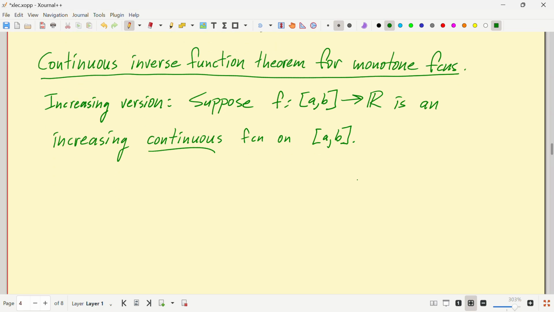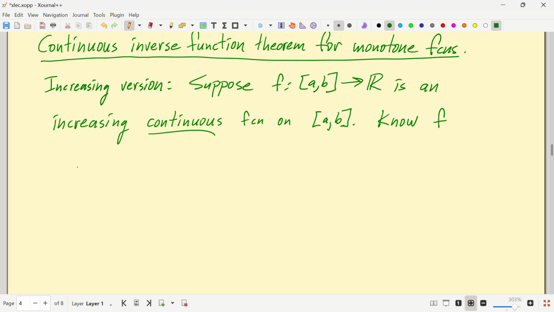I'm going to prove this theorem as I state it. We know f maps [a, b] to an interval. That was the interval theorem.